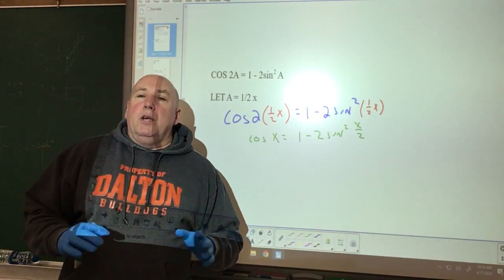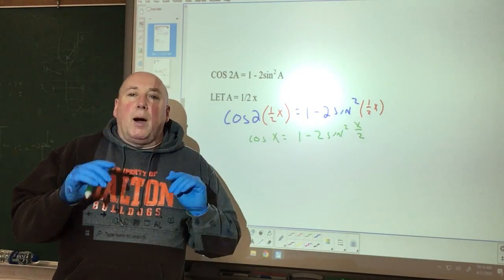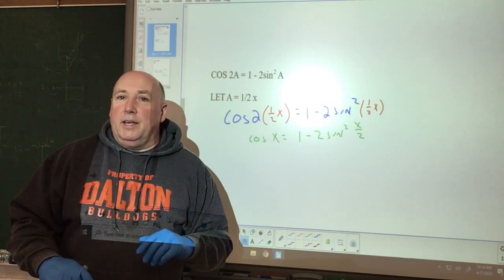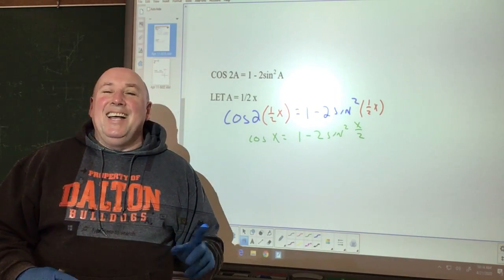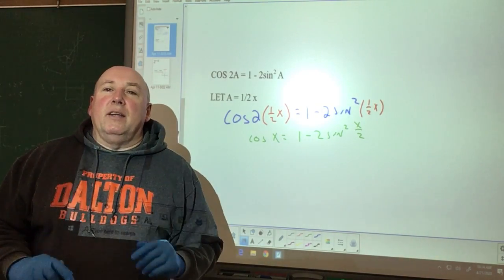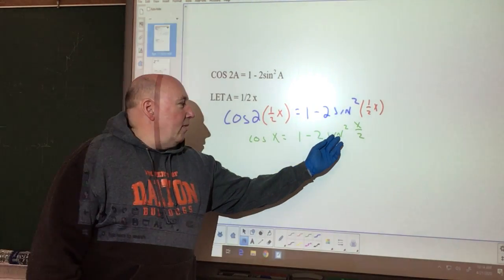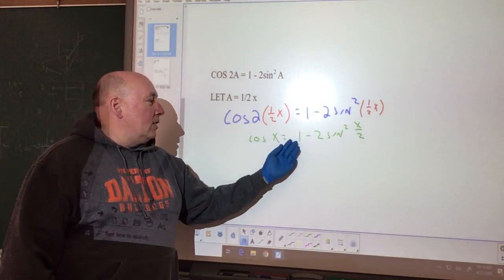Now, one of my favorite properties of mathematics, which I've coined and trademarked as the double switcheroony. We're going to take this and move it over here, and this to move it over here.